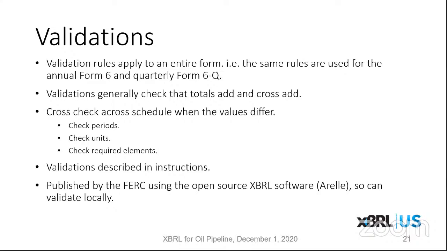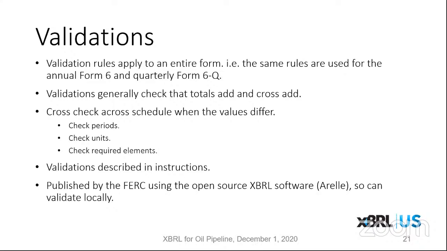The validation rules themselves are published by the FERC, and they can be processed using XBRL software, and this is very similar to what the SEC does. So you can run these validations before you file, or the software that you're using can have that baked in, so that it can check that the data is valid before you actually file with the FERC.